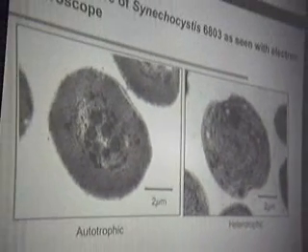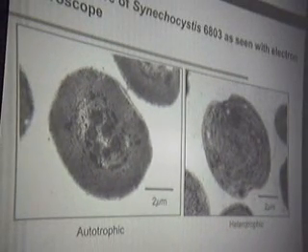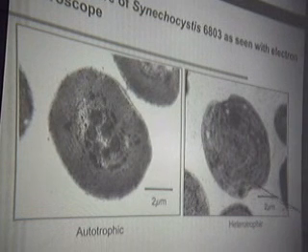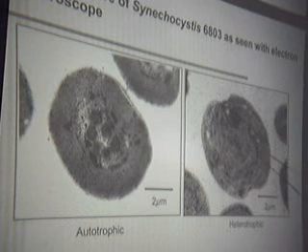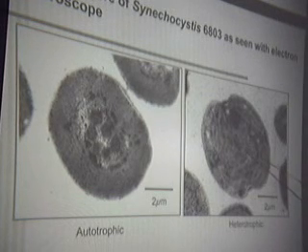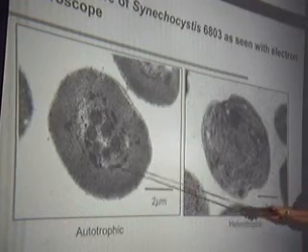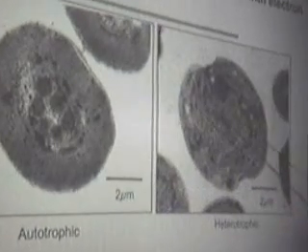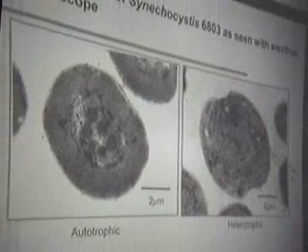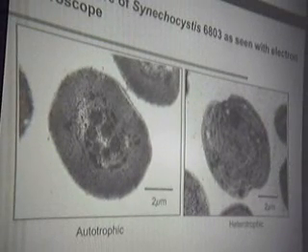They have grown on light energy, so they need only mineral nutrients in addition to light. These have grown on glucose with no light, so they are not growing on photosynthesis, and you can see that these thylakoid membrane layers are mostly disorganized, and the cell structure has really changed quite a lot.